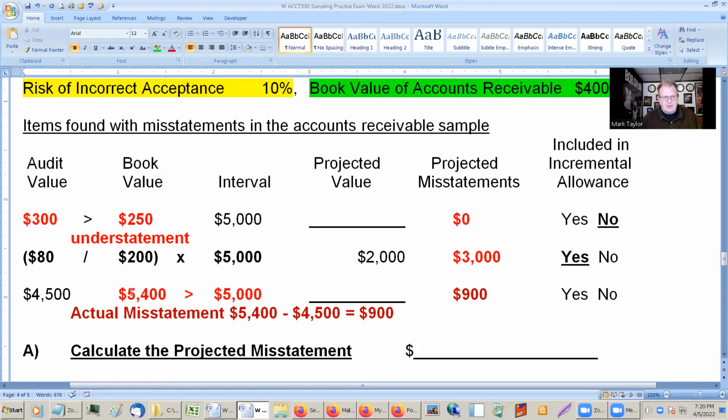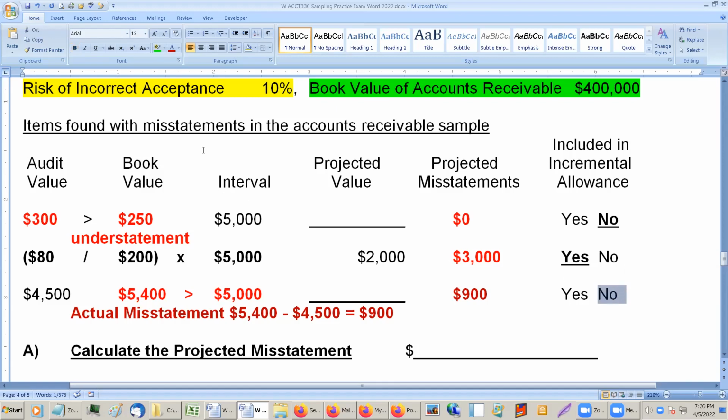Now, notice that this interval could not get any worse. This item completely covers this interval. Nothing else could go wrong in this interval. So this item is not included.